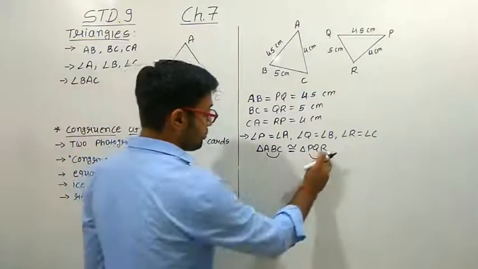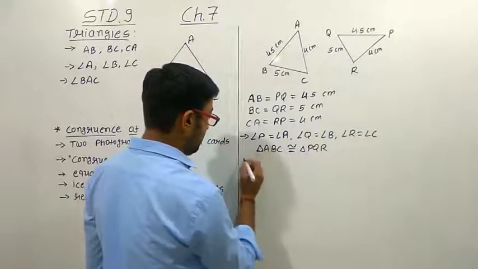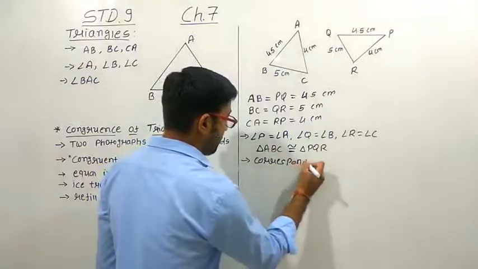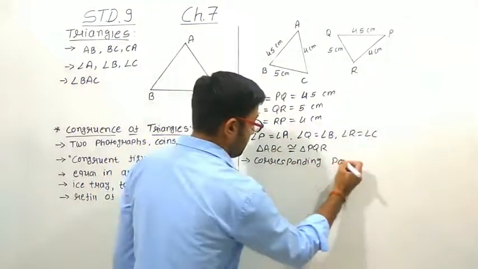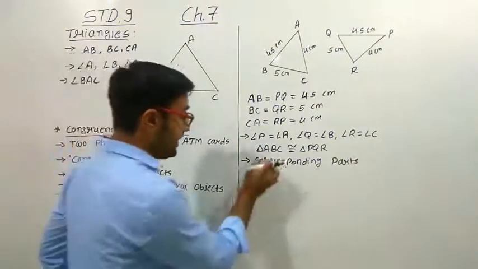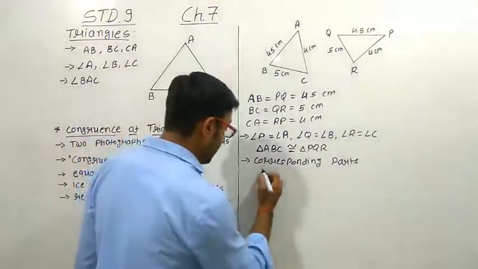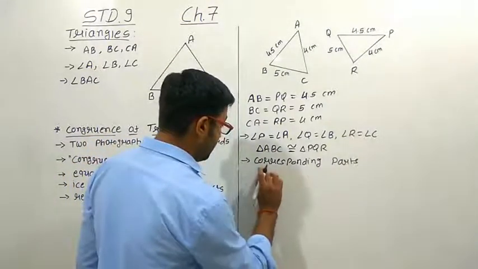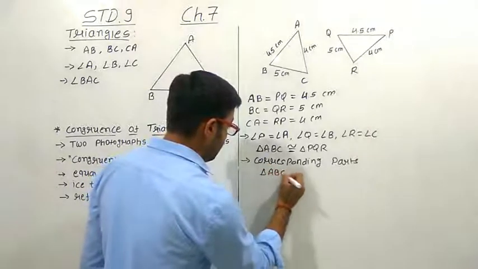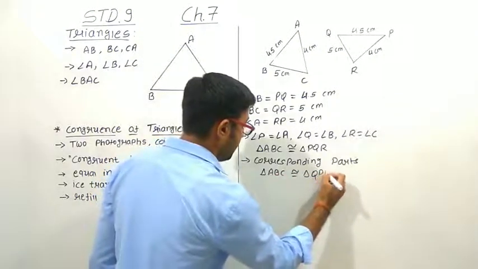So that is why they are called corresponding parts. Corresponding parts means AB side must be equal to PQ side. Now we cannot write triangle ABC is congruent to triangle QPR.